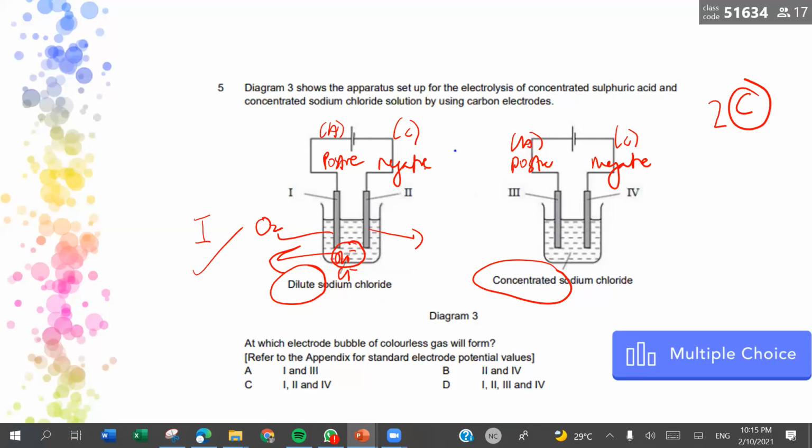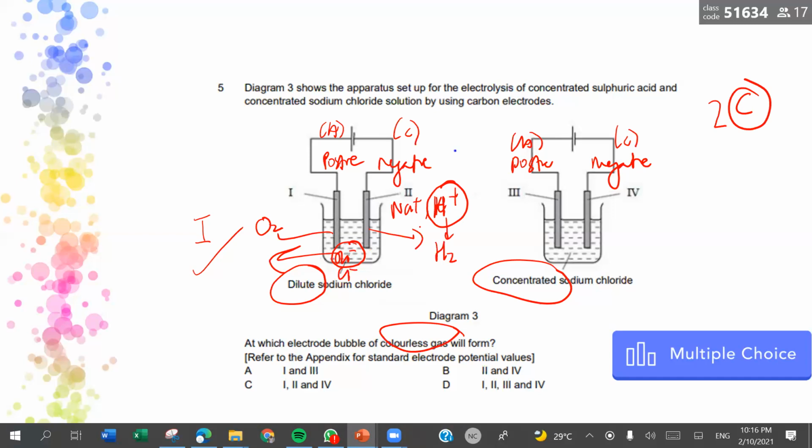It is my negative terminal and I will get Na plus and H plus. Which one is teacher going to selectively discharge? Sodium or hydrogen? Hydrogen, very good. I'm going to selectively discharge hydrogen. When hydrogen ions form hydrogen gas, what color is it? Colorless gas. So number 2 will also be colorless gas.